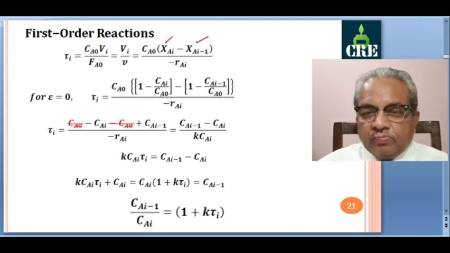So tau i, this we can write as Ca0 minus Ci, this Ca0 cancels out. This we can write Ca0 minus Ci minus 1, Ca0 cancels out. Minus Rai in the denominator, the rate in the ith reactor. So this Ca0 and Ca0 with minus sign cancels out, and you get tau i as Cai minus 1 minus Ci.